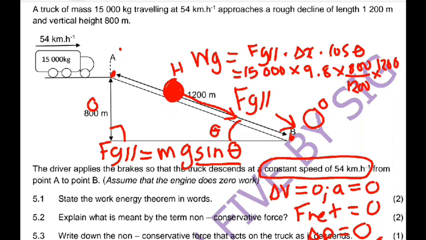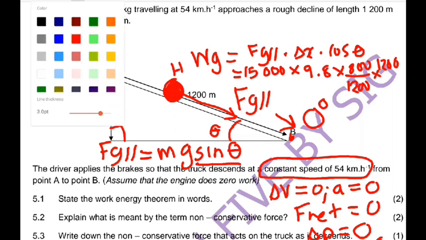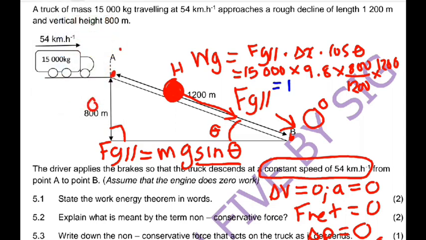Okay, so if I feed all this into the calculator, 15,000 times 9.8 times 800 over 1200 times 1200, it's giving me 1.176 times 10 to the power of 8, that is now joules.